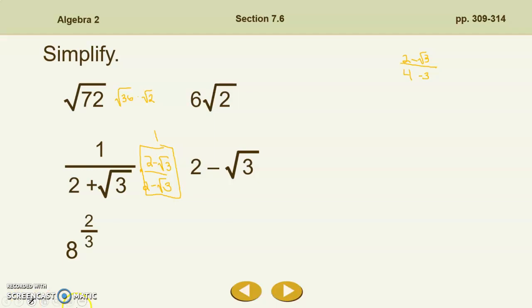Now 8 to the 2/3 we also know can be simplified. We could write that in radical form. What most of you would probably do, you'd write 8 squared, and then take the cube root. But sometimes that's a little bit tricky because if you're not super familiar with your perfect cubes, which you should be, by the way, you should know the cube root of 64.